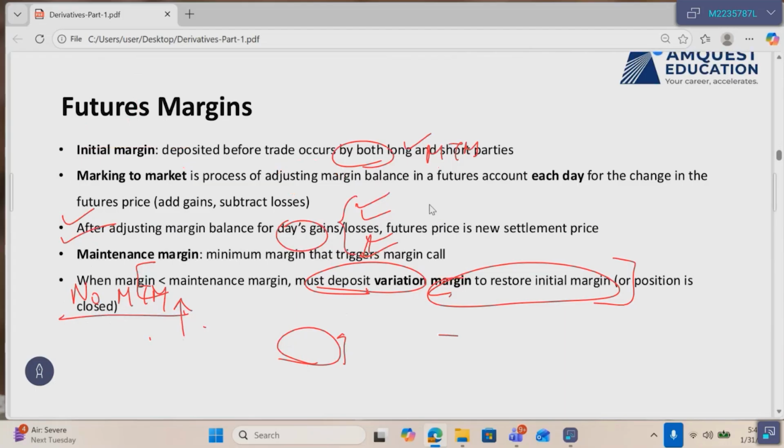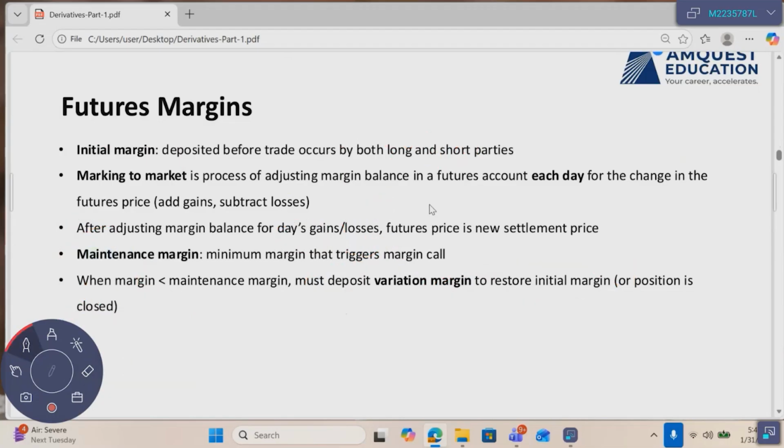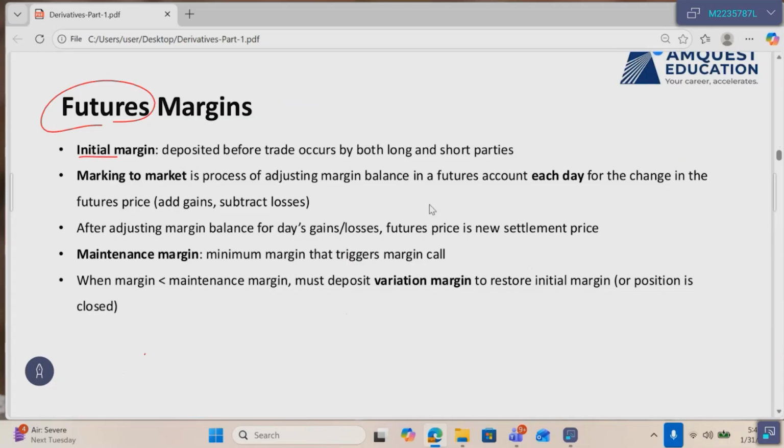Now, let's come to the second main difference between a forward and a future. In a future, you are supposed to give an initial margin. So let's say I entered into, let's give a different example, an Infosys future. Now there will always be a certain number of shares.